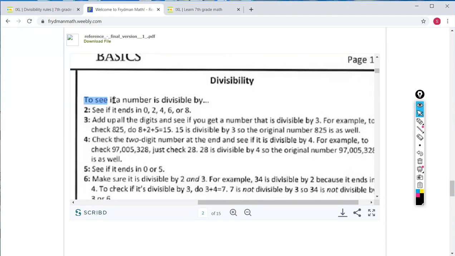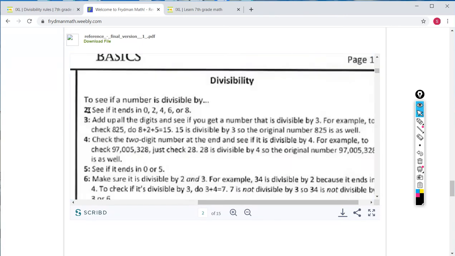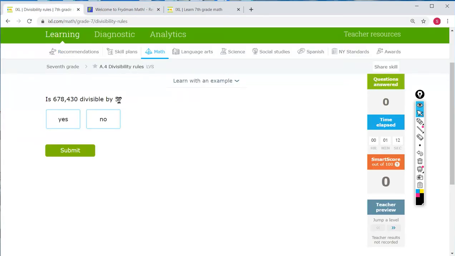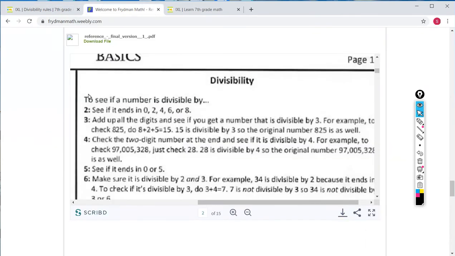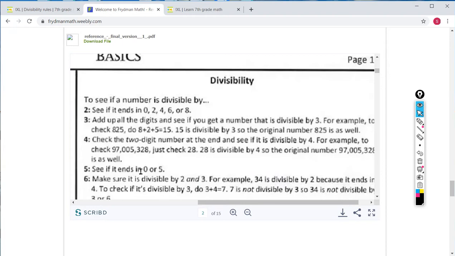To see if a number is divisible by, just go down to the number that you want to know about. So for this problem, we want to know how to figure out if a number is divisible by 5. So over here, let's go to 5. And we see that the rule for that is to see if it ends in a 0 or 5.